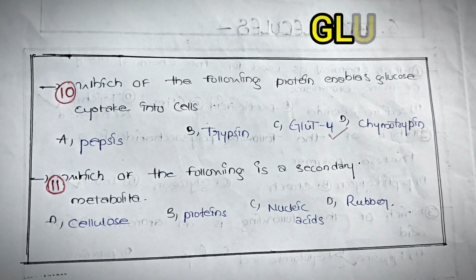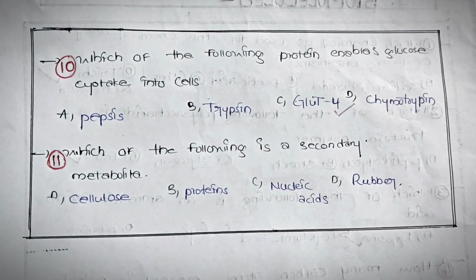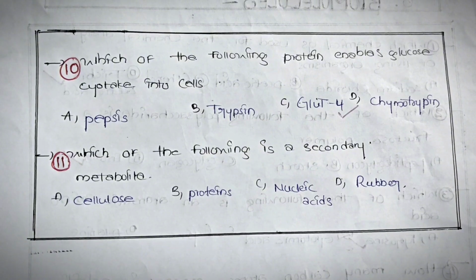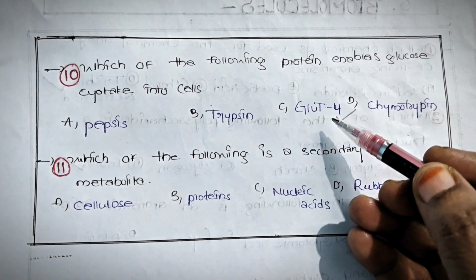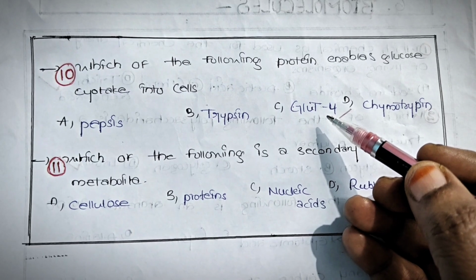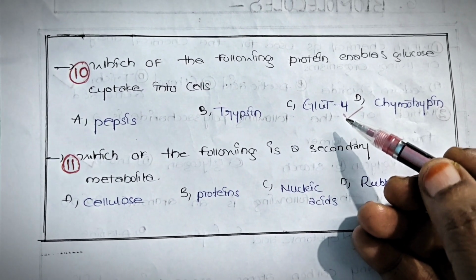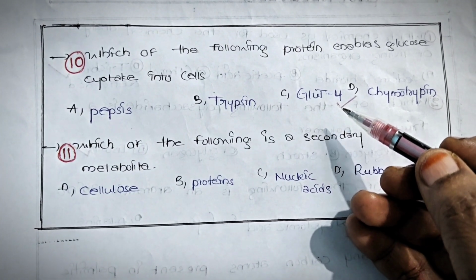The GLUT4 protein enables glucose uptake into muscle and adipose tissue cells. So it enables the glucose uptake into the cells, for example, muscle and adipose tissue cells. Okay, so let's see the next question.